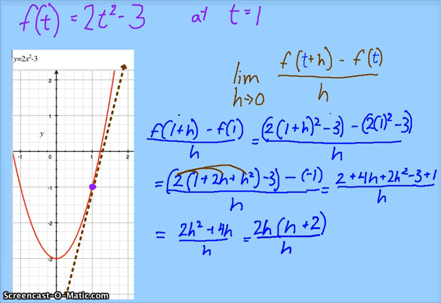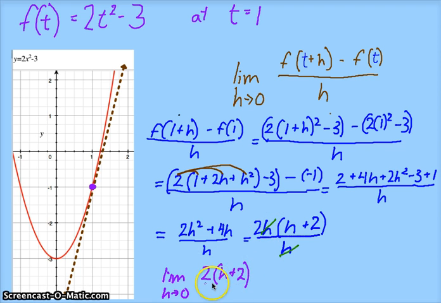I can see that I can cancel these h's, no problem. So what this ultimately becomes, don't forget we're ultimately trying to find a limit. Let's go back to that. As h approaches 0, what is the limit of 2 times h plus 2?